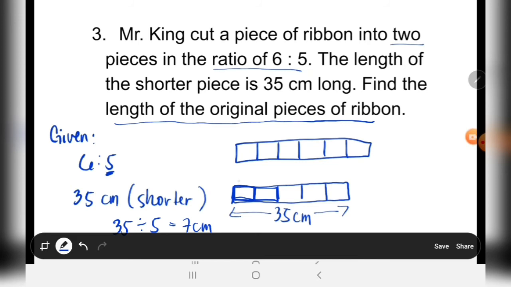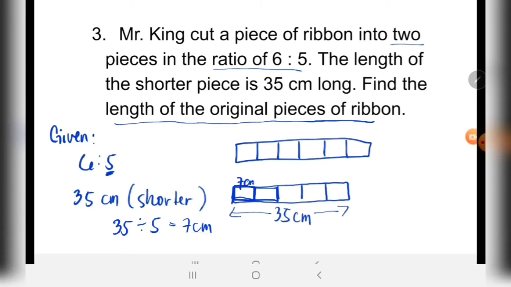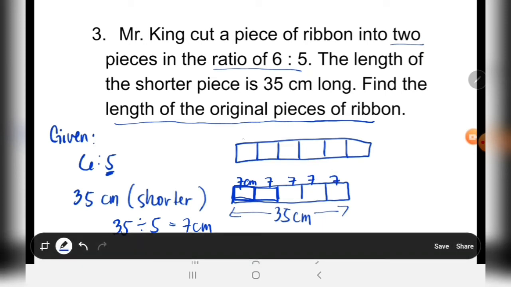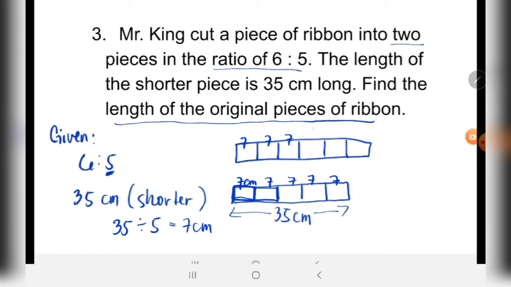That means that in every unit there are 7 centimeters. 7, 7, 7, 7. That means that in the longer piece there are 7 units by 6, and that is equivalent to 42 centimeters.